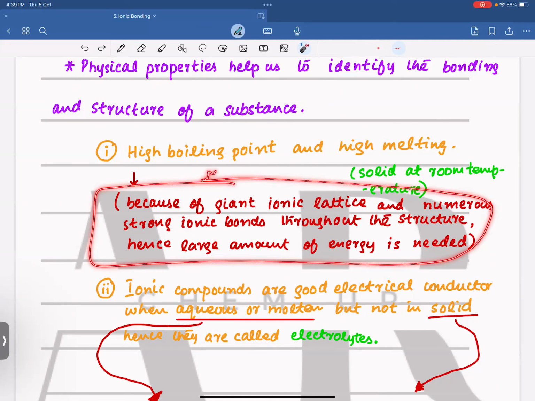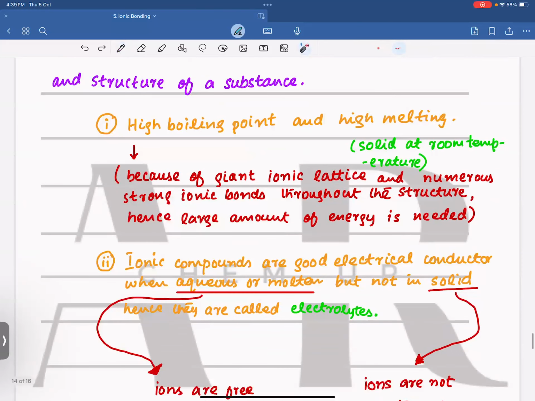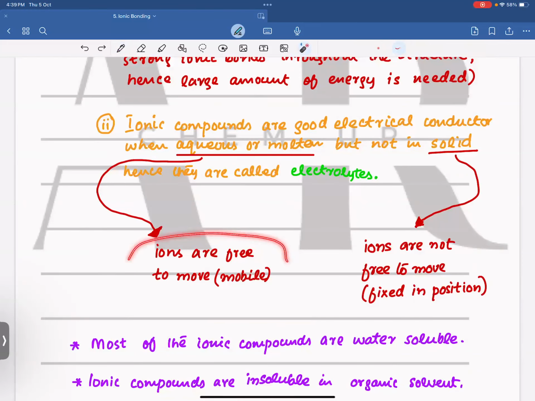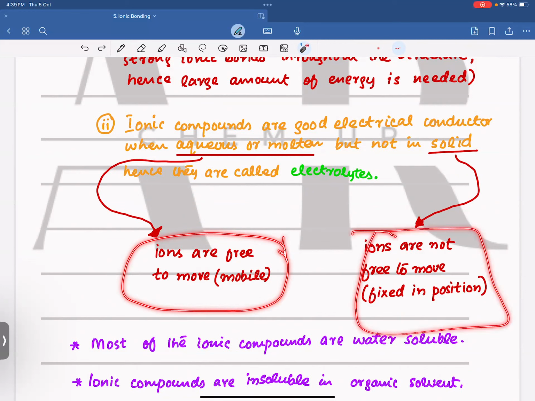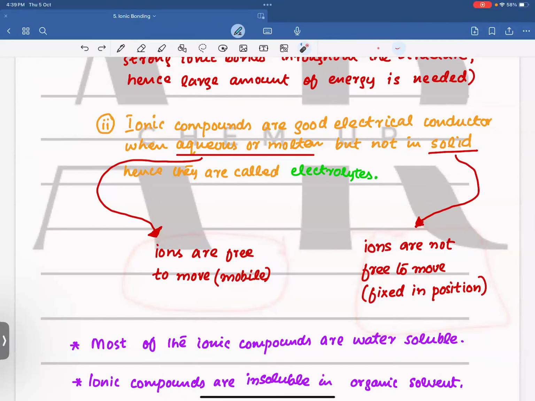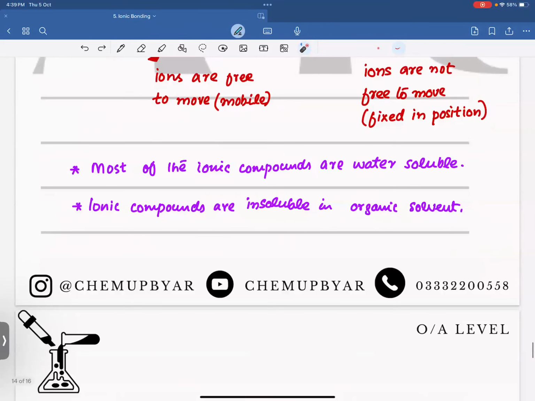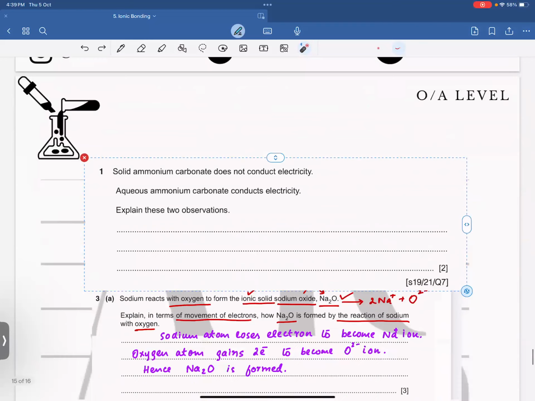So lots of energy is needed. And the other one is their electrical conductivity: they conduct electricity in their aqueous or molten state because the ions are free to move. And in solid, they do not conduct electricity because the ions are fixed in positions in a lattice, they do not move. Is this clear? Okay.